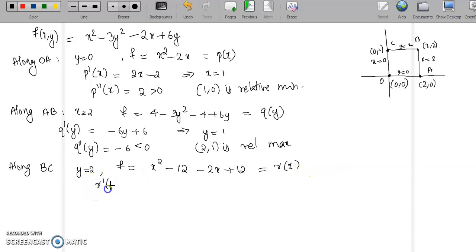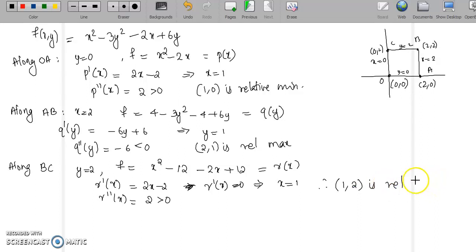So when you take r dash of x, it will be 2x minus 2. So r dash of x equal to 0 implies x is equal to 1. Again, r double dash of x will be equal to 2, which is greater than 0. So therefore we will get (1, 2), and (1, 2) is a relative minimum.